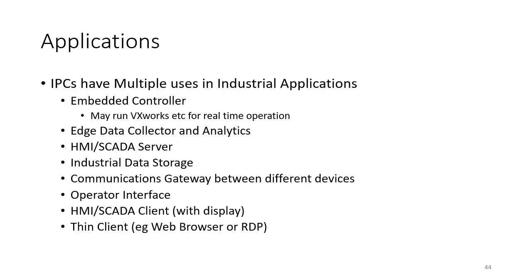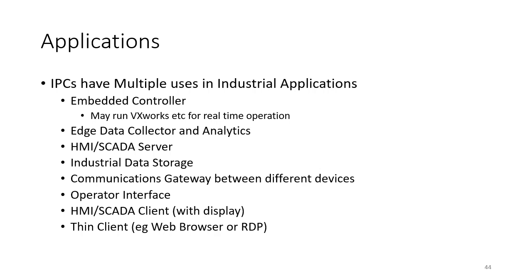Now, I often see IPCs being used for other interfaces as well. Industrial data storage is one example. So either data collection and remote storage, or data collection and local storage. Communications gateway between different devices. There are many different devices with different protocols out there. So a good example of using an IPC is as a gateway between those different protocols and devices.